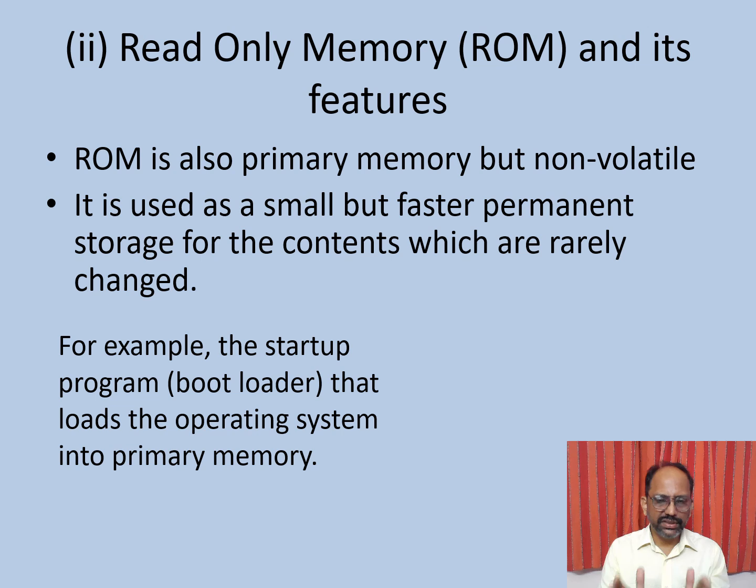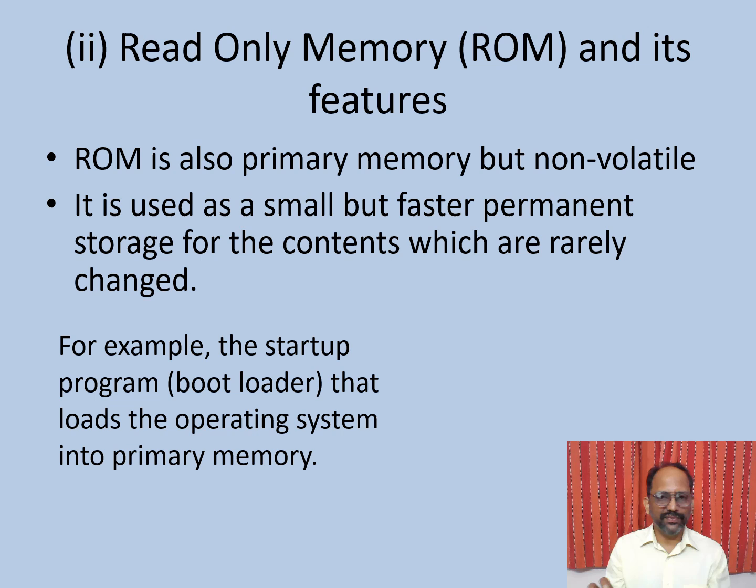What kind of instructions or data are stored in the ROM? The startup program or the bootloader program is stored in the ROM. When we switch on the computer, the ROM supplies the startup program to the CPU. Then onwards, it is going to load the operating system into the primary memory of the computer, that is the random access memory.